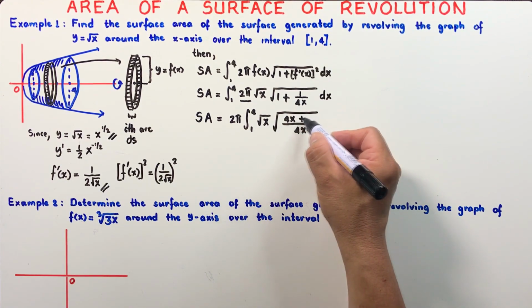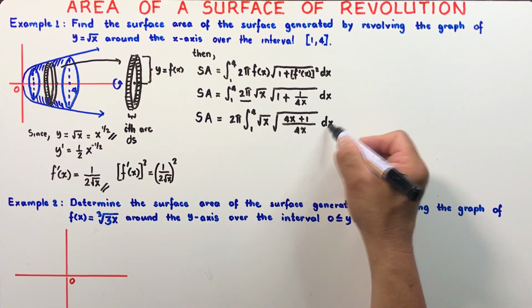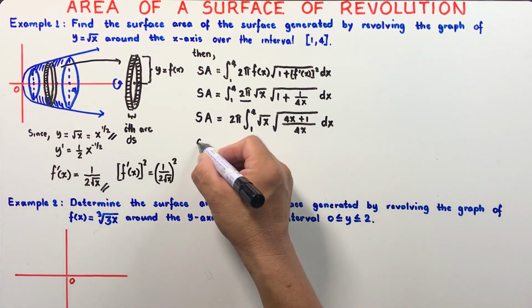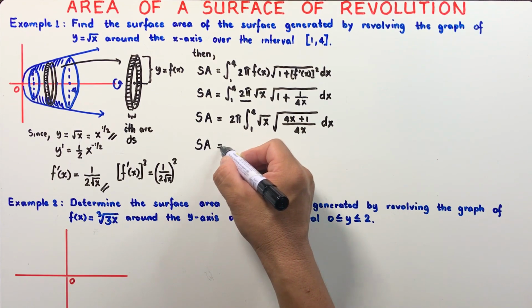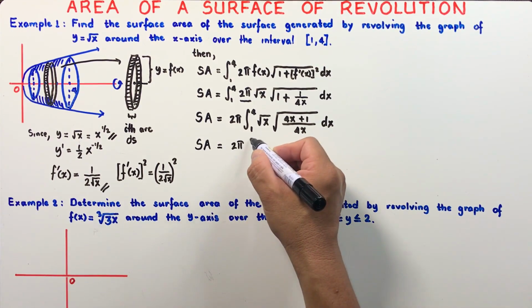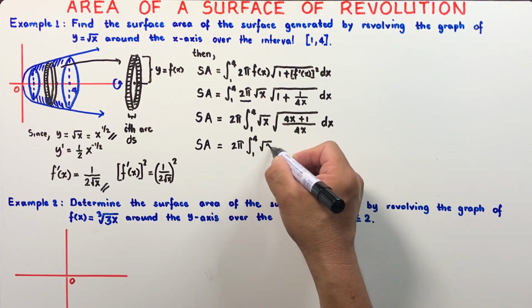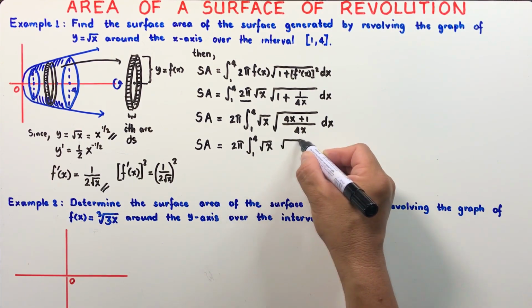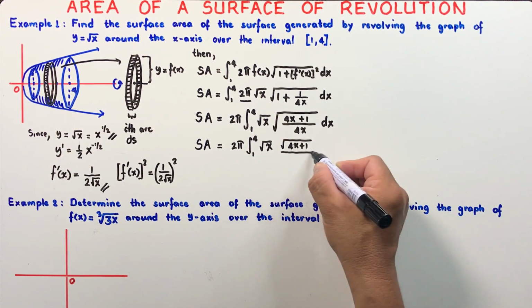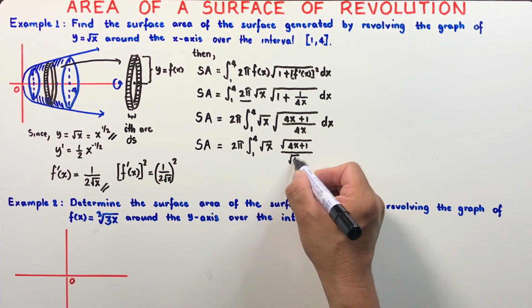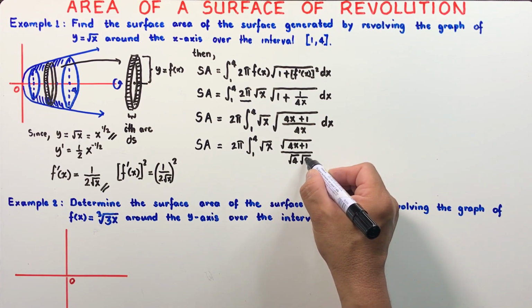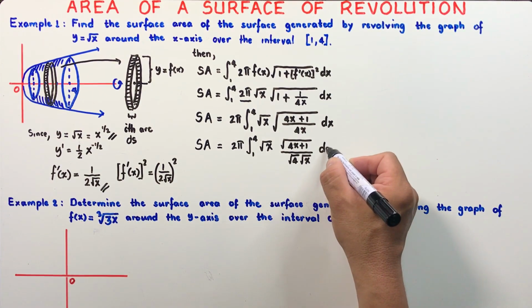So this is 4x plus 1 here. And then applying the properties of radicals, we have 2 pi times the integral from 1 to 4 of the square root of x times the square root of 4x plus 1 over the square root of 4 times the square root of x, dx.